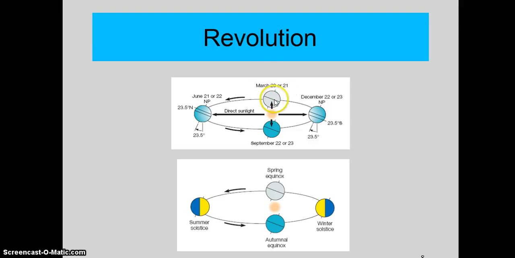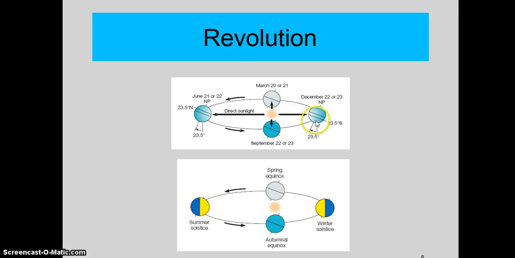Anyhow, here is March, and also notice 6 months later, this is September. Those are called the equinoxes, by the way, as it says down here. During the equinoxes, there are equal amounts of daytime and nighttime.